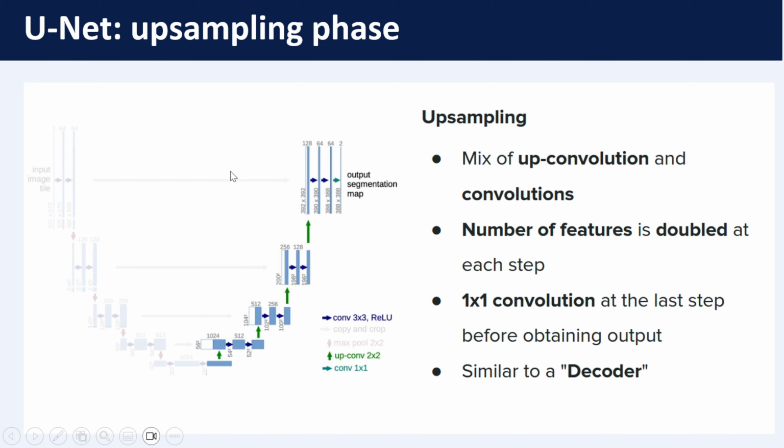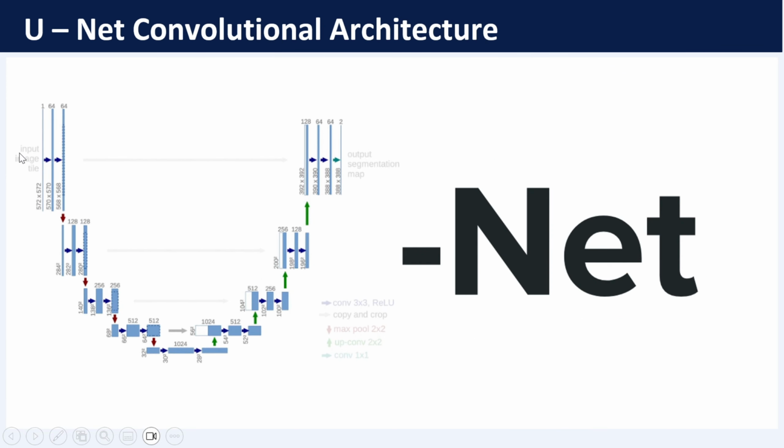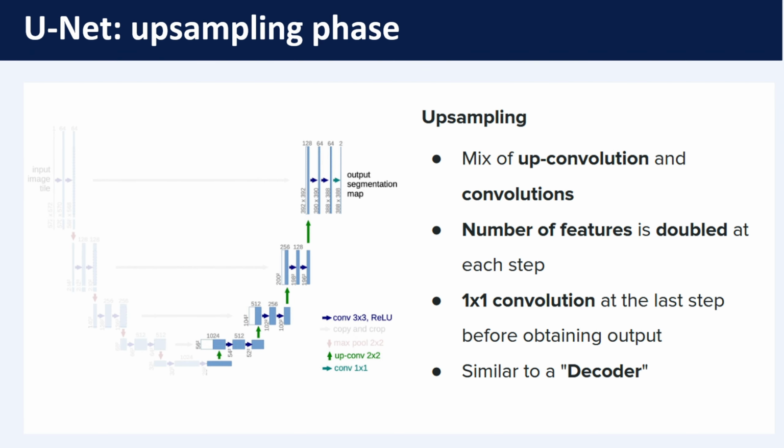But note that our first image size was 572 by 572. When you do the upsampling, we lost some information. We now had 392 by 392, meaning that we lost some information. As I said before, for this model specifically, we apply the unpadded convolution, which requires accepting to lose some pixels to get our final image segmentation.